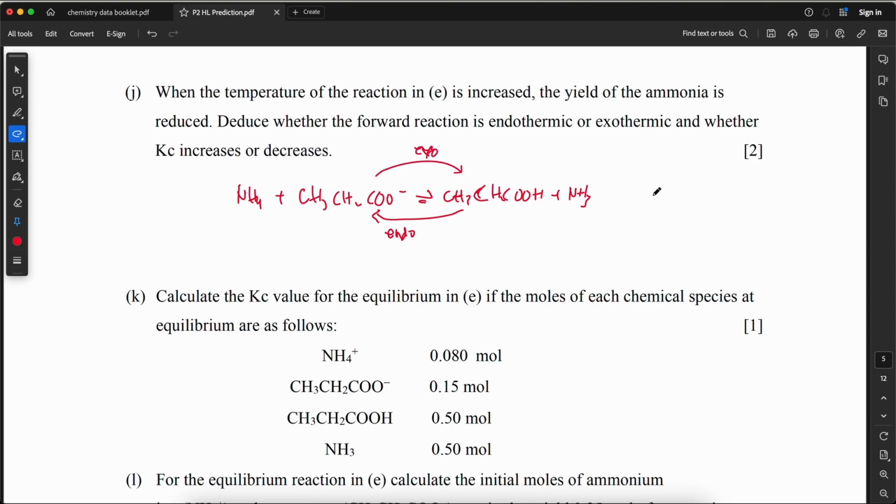So the forward reaction should be negative, because the forward reaction is exothermic, delta H should be negative. So the forward reaction is exothermic. And what about Kc? Because the yield of ammonia is reduced, the Kc decreases because the yield decreases.